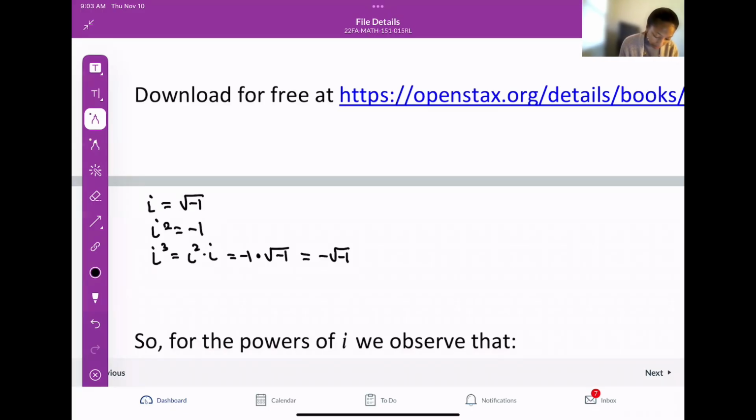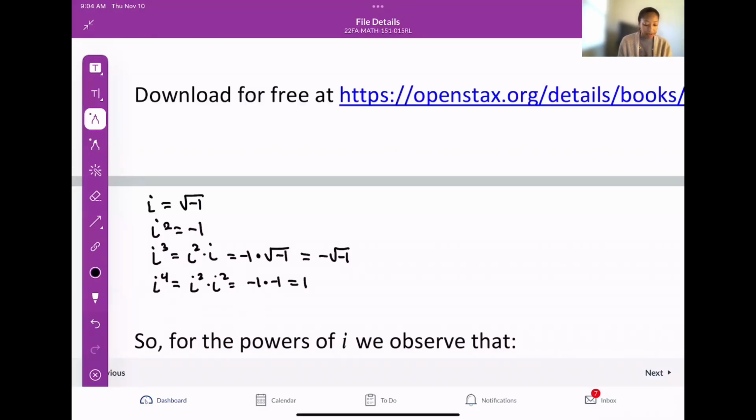And that leads us to the next power, i to the 4th. i to the 4th is the same as i squared times i squared, or you can think of it as i cubed times i. Either way, if we do i squared times i squared, that's negative 1 times negative 1, which is positive 1.